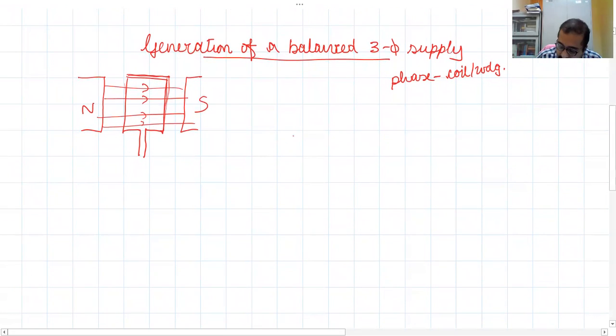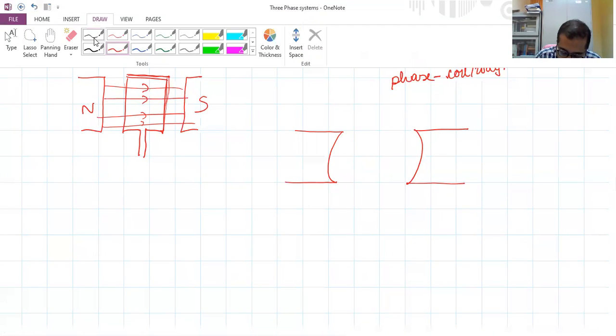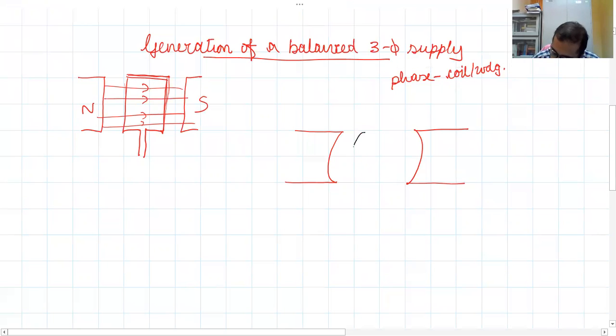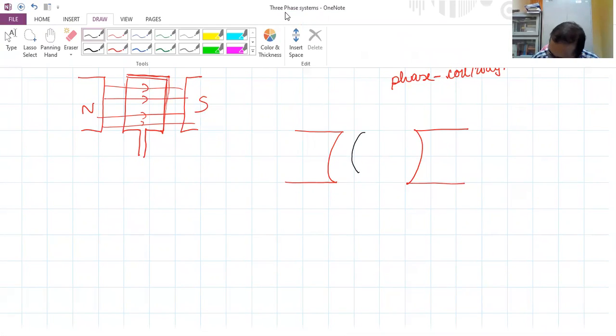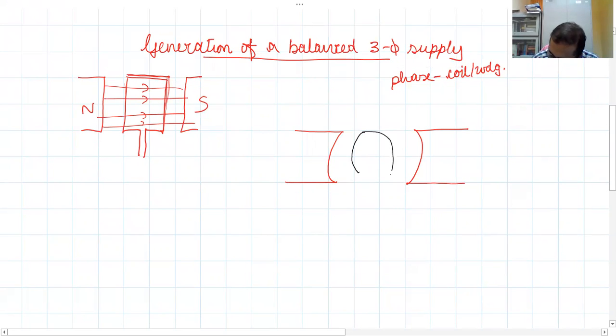Here these are the magnets. What I am drawing here is what is called a rotor, a cylindrical rotor. Excuse me for my drawing inaccuracies.